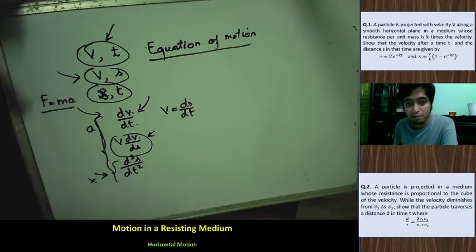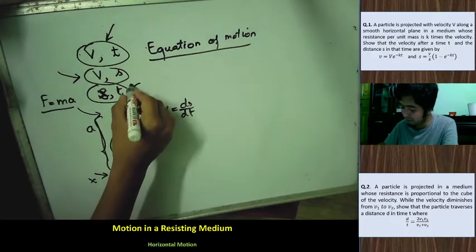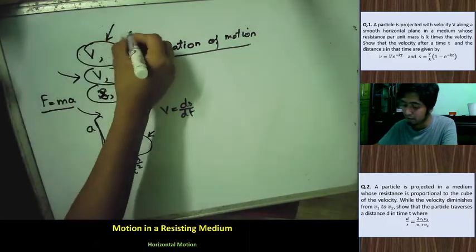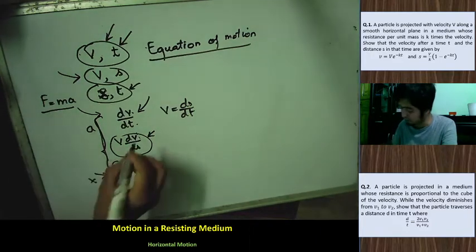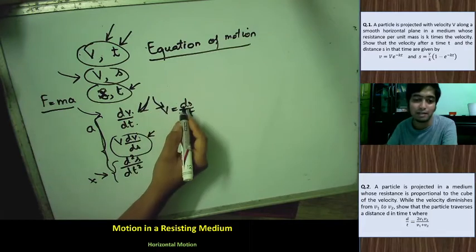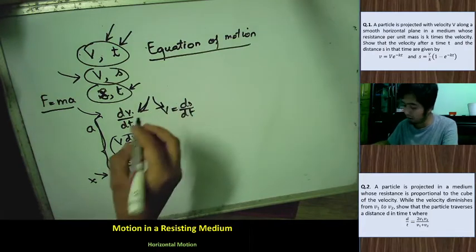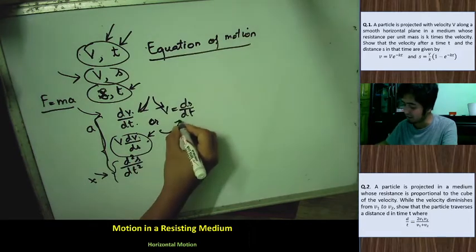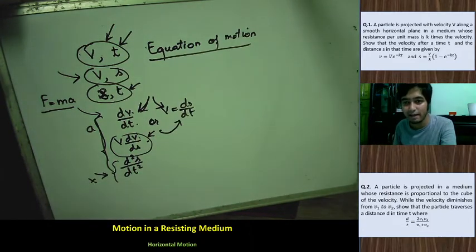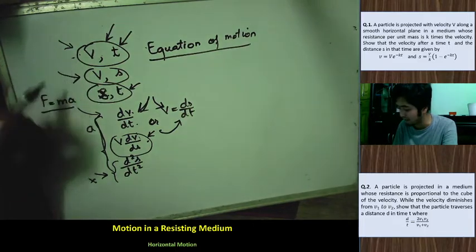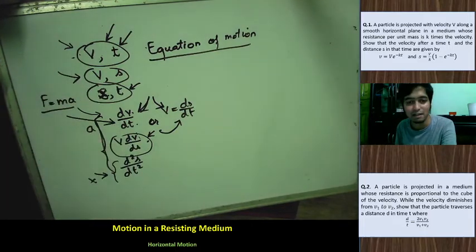All right, so if we have to find a relationship between s and t, what will we do? We will use this, and then we can use v equal ds/dt. Or first we can use this, and next we can use ds/dt. Again, I repeat, if you have to find a relation between v and t, simply use dv/dt.